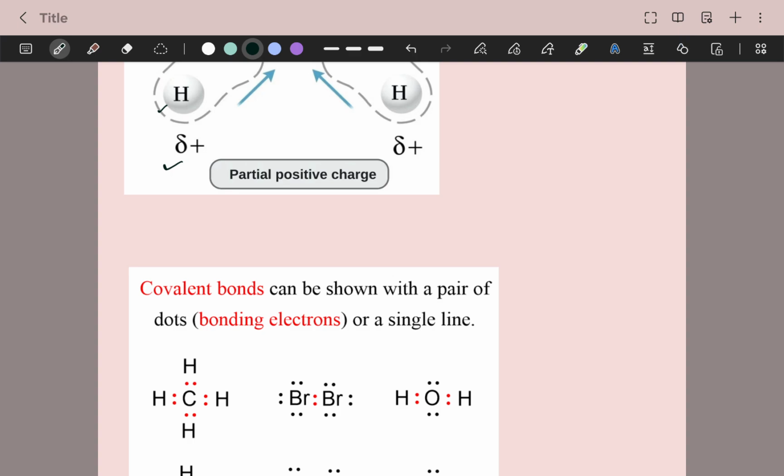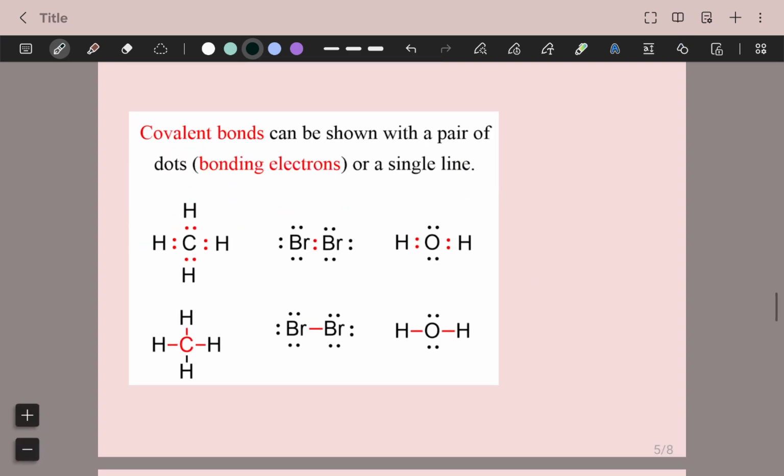Now one more thing. If we have to denote covalent bonds, the shared electrons can be represented by dots. Clear? The bonding electrons can also be represented by a single line. For example, methane, see, dots, sharing electrons. But they can also be represented by lines. Clear?